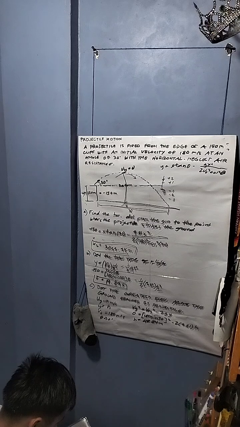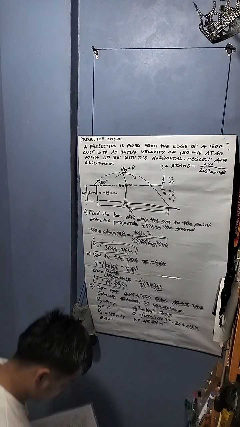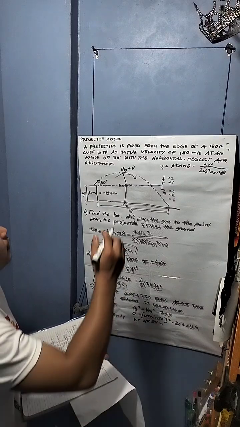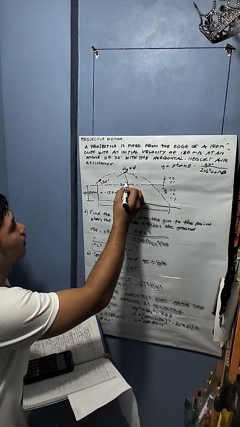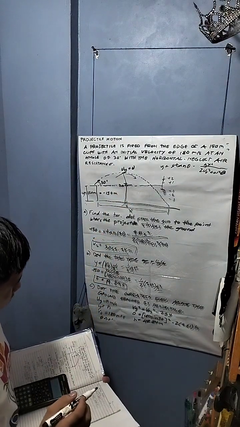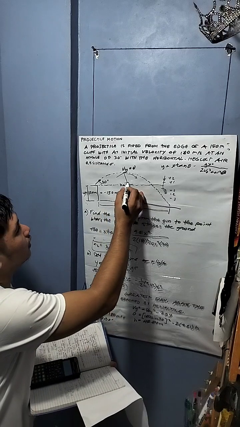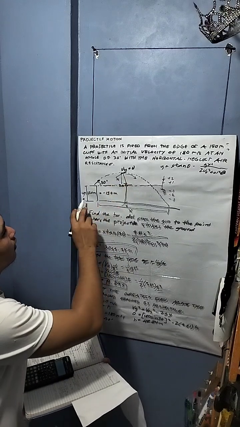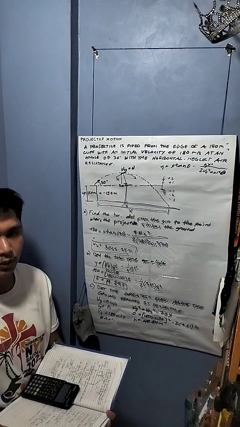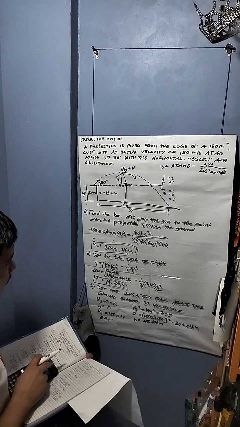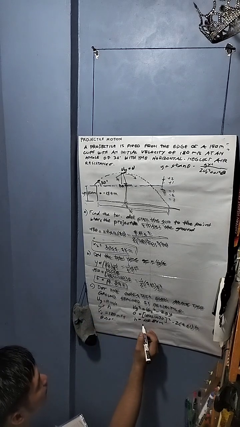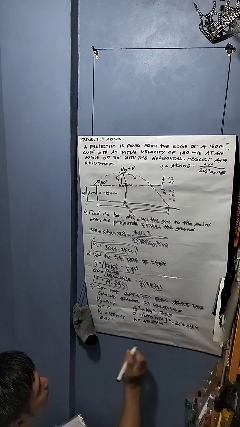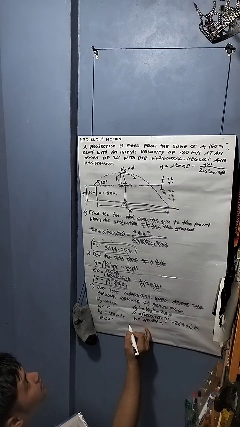But this height is only the height we calculated, this h here. The 150 is not included. So we should add to 412.84 the final height.